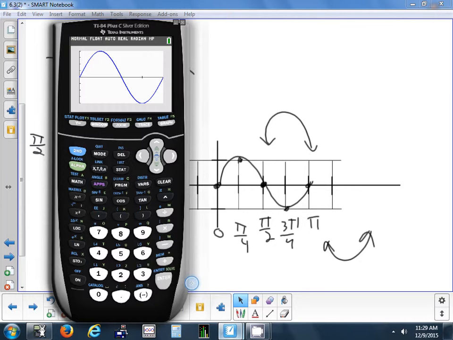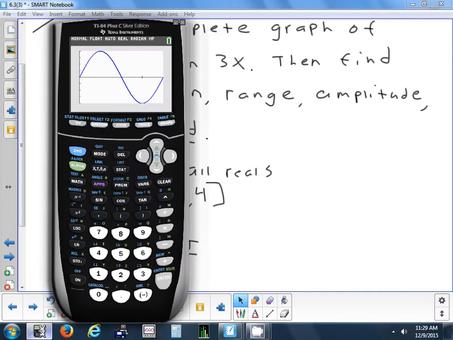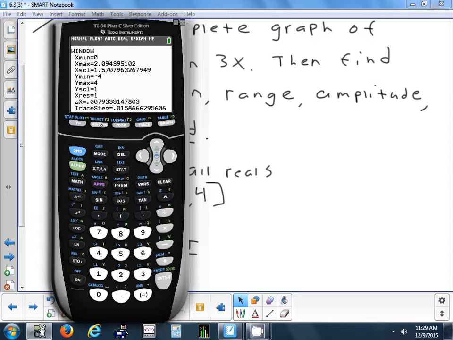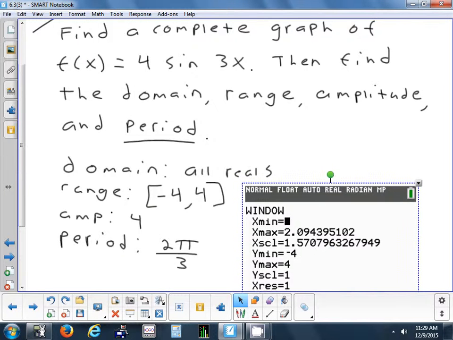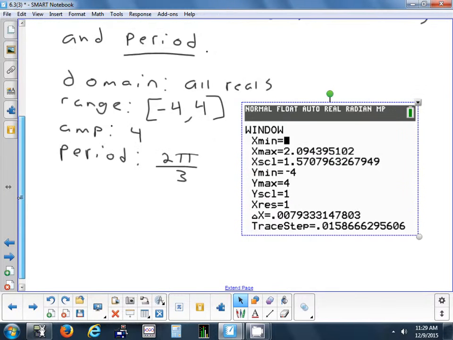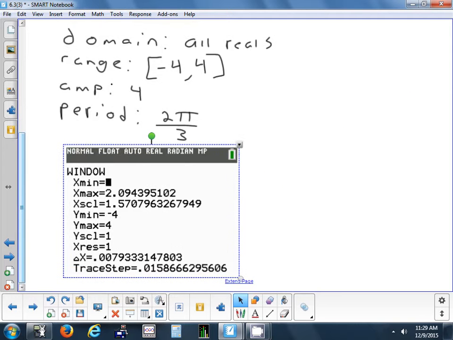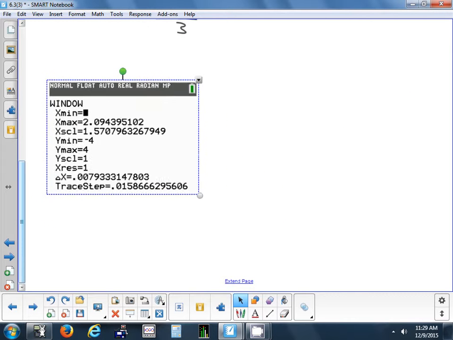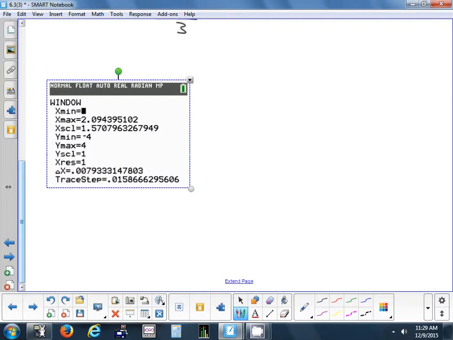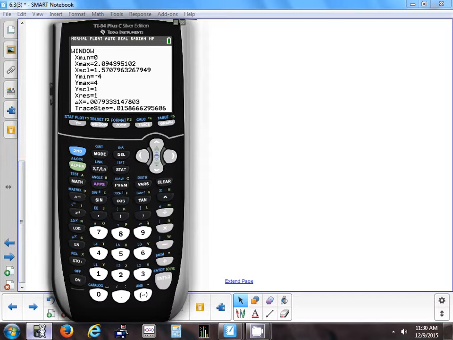All right, so let's take our window. Okay, and that's our window for 1 period. This was 0. And now what if I wanted 2 periods?